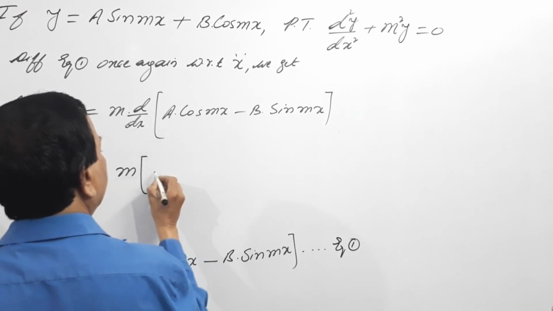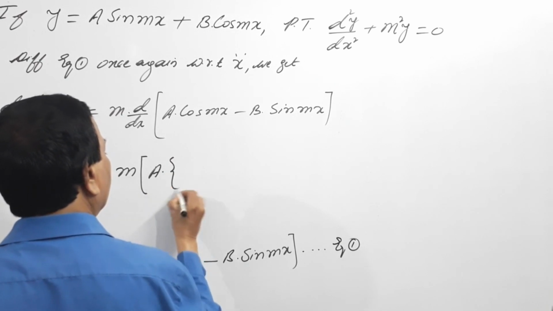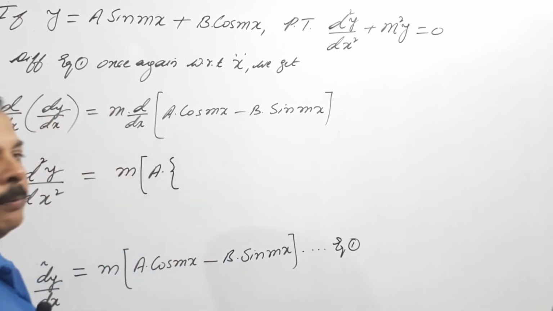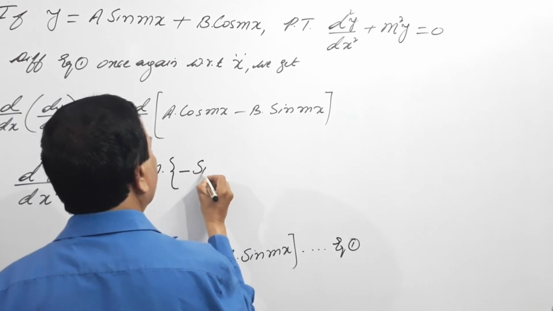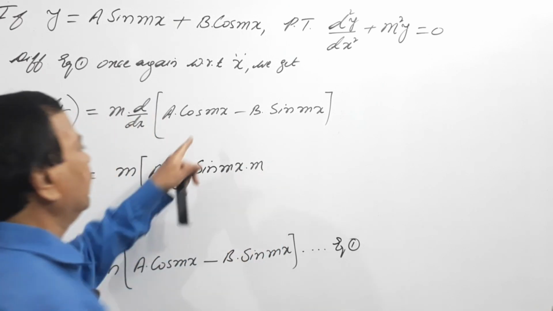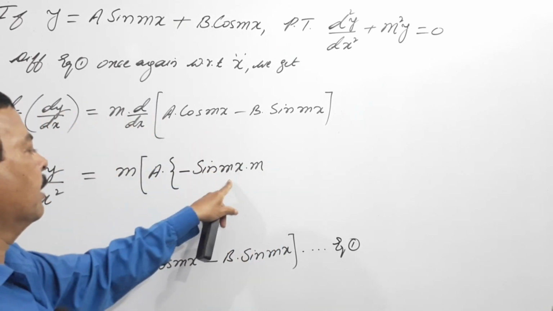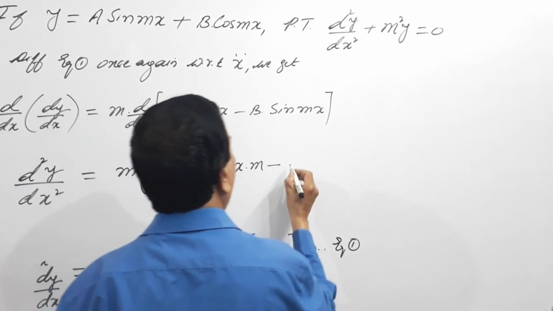I will take this a. So the differentiation of cos mx: if you differentiate cos mx, we get minus sin mx into m. So we have a minus sign here.